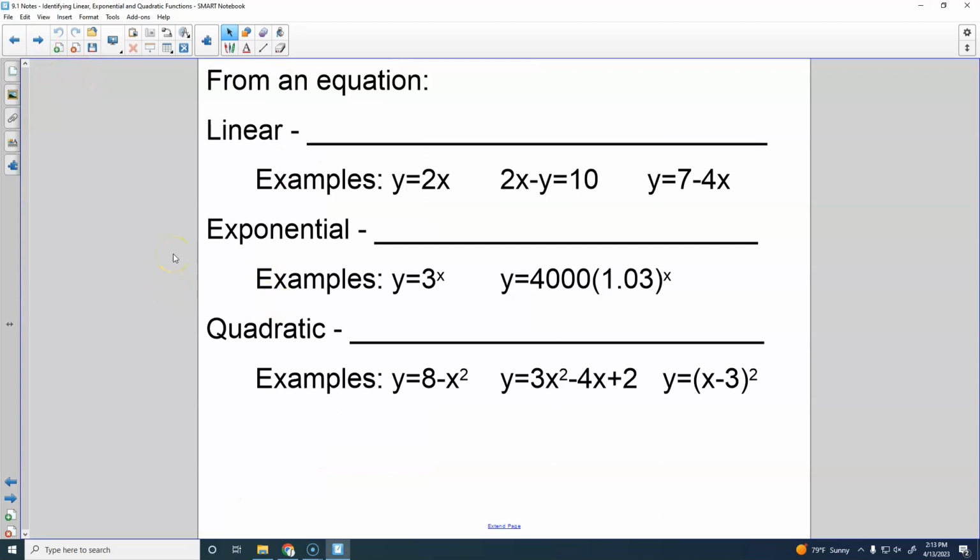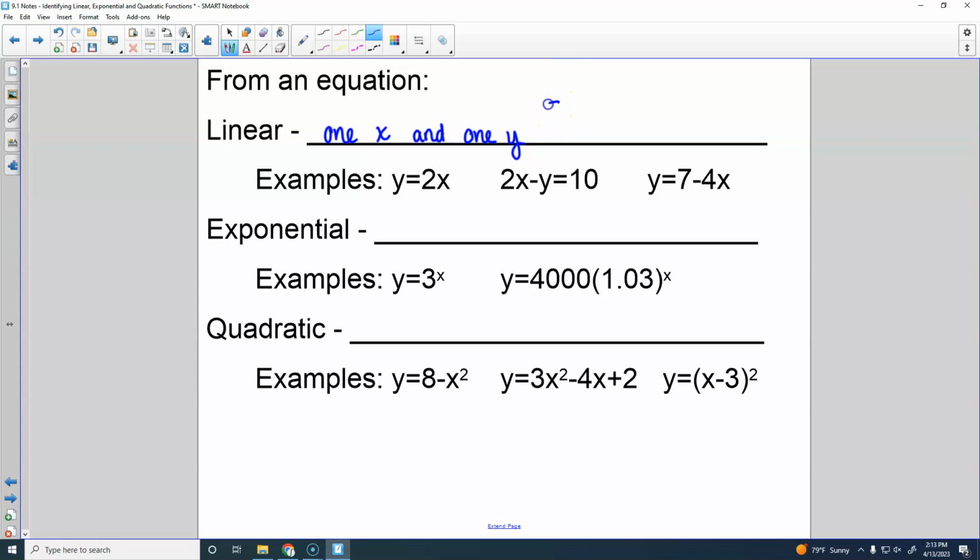From an equation, we have linear equations. The way that we can know that something is a linear equation is it has one x and one y most of the time. There are two exceptions. There are two types of lines that don't have an x and a y. Can somebody tell me what those are?